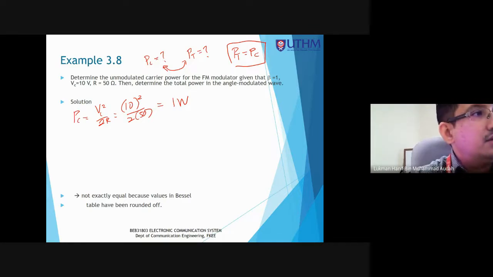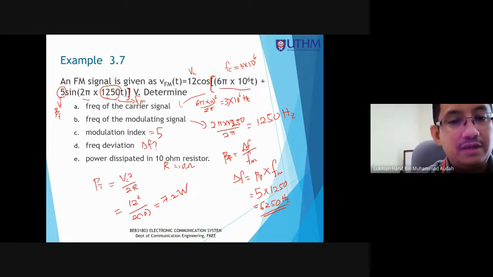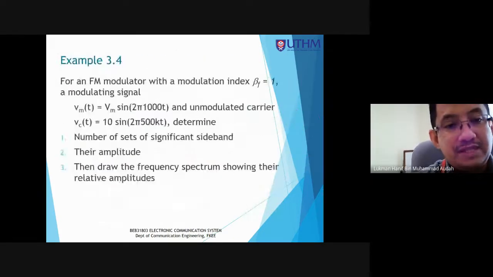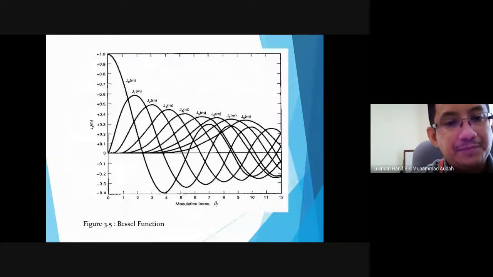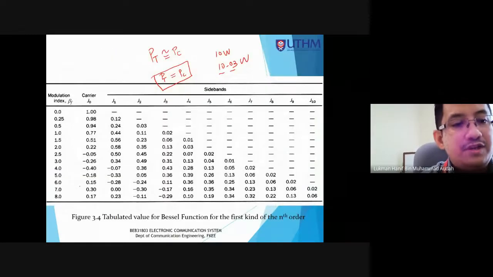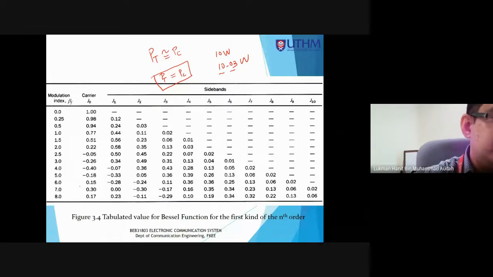Another thing is that we can calculate also the total power using the Bessel table. So if you are given beta equal to 1, that means the significant sideband would be equal to 3. Ini kalau kita kembali kepada Bessel table. Okay, sekejap. So you are given beta is equal to 1.